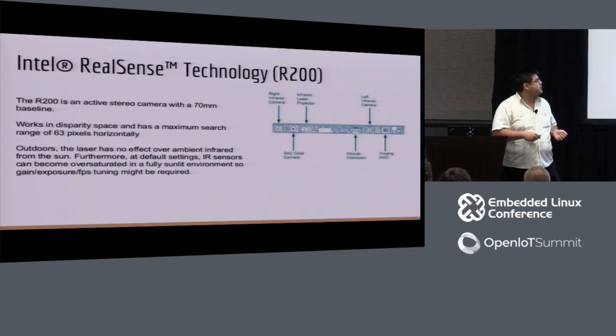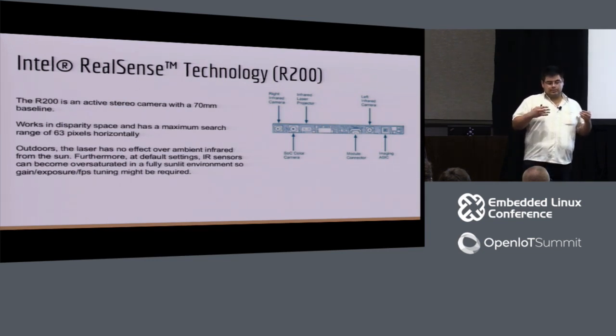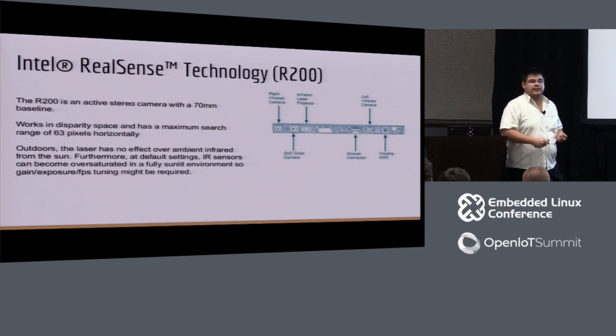With this model, we have a stereo IR camera, so we can modify the parameters of the camera to try to get this disparity. And we also have the RGB camera, and this helps us to get the 3D representation of the object outside.